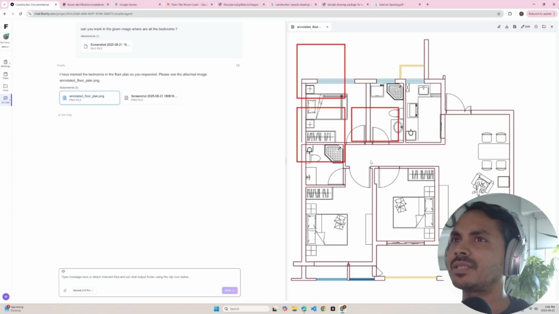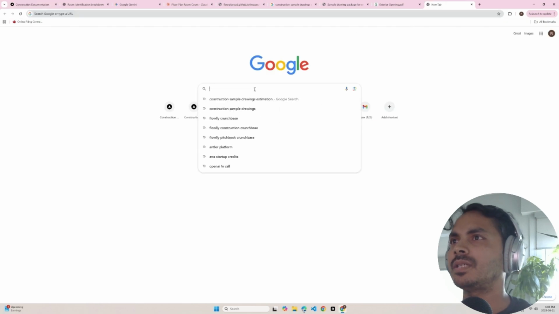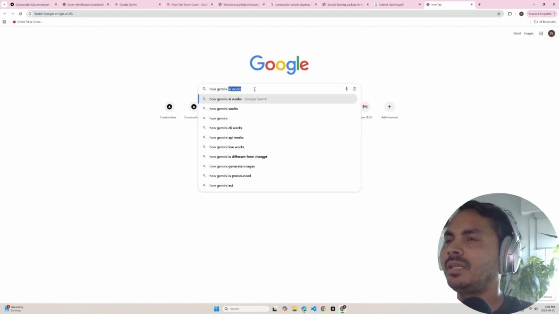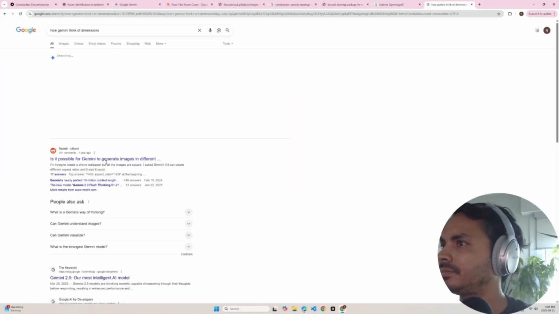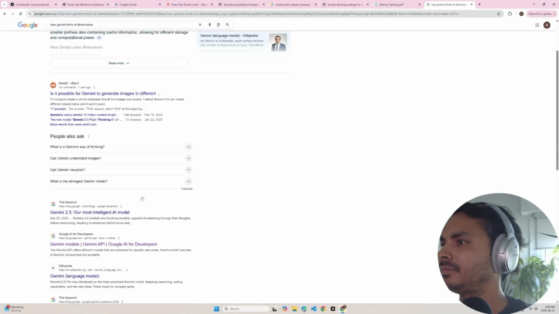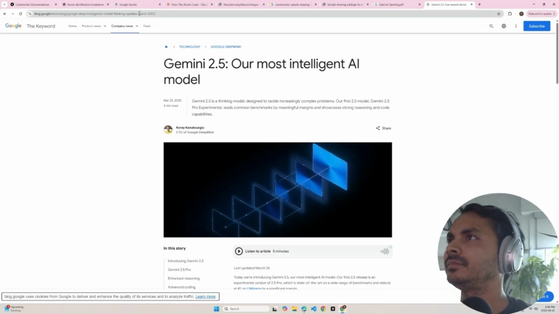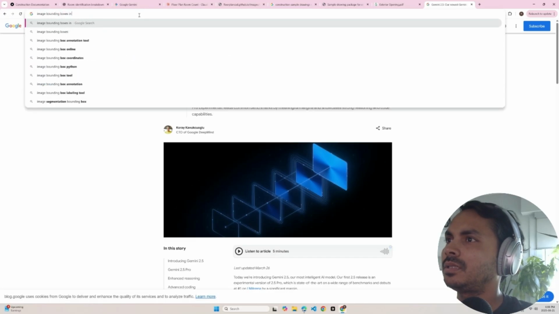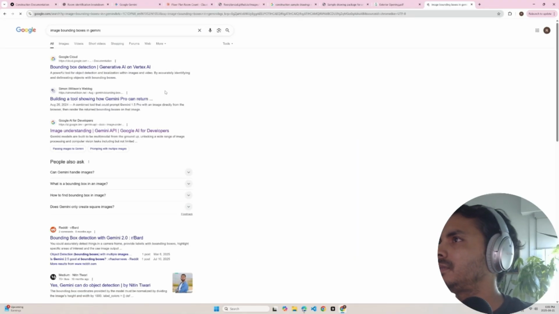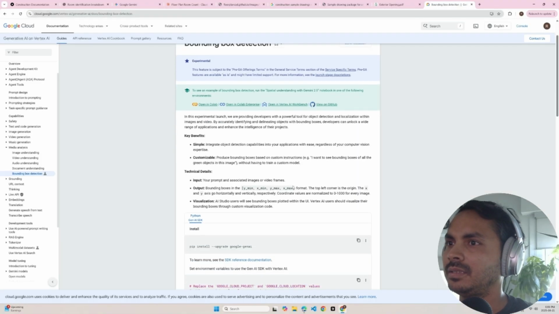I think the problem is it doesn't understand how the data comes in. So what we can do is look at how Gemini thinks of dimensions, image bounding boxes in Gemini. So let's see.